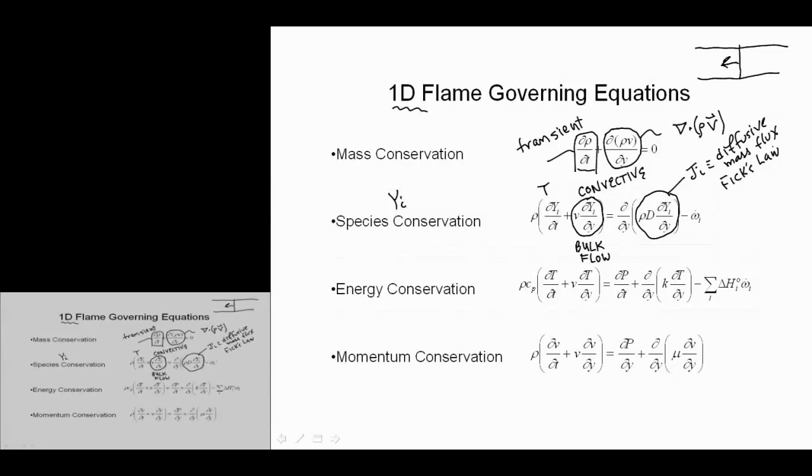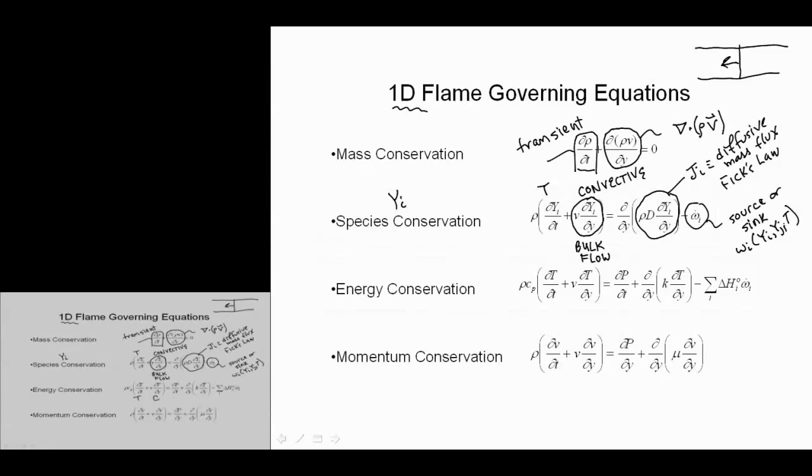And this is our source or sink term, our chemical source or sink term, which is typically in an Arrhenius form. It's a function of typically Y_i, Y_j, and temperature. Energy: transient, convection.